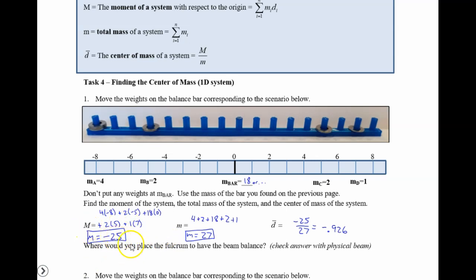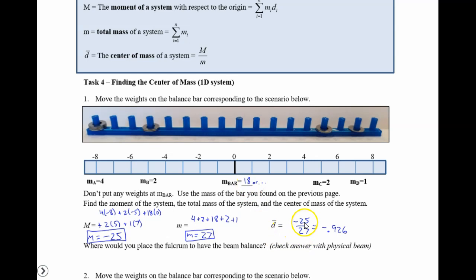All right, I should have gotten something like this. The moment is -25. Notice the mass of your beam gets multiplied by a distance of 0, so that won't have an effect on the moment, but it will on the total mass. I used a mass of 18, so I'm getting 27 here. If yours is 16, you would have gotten 25. It depends on your own beam.